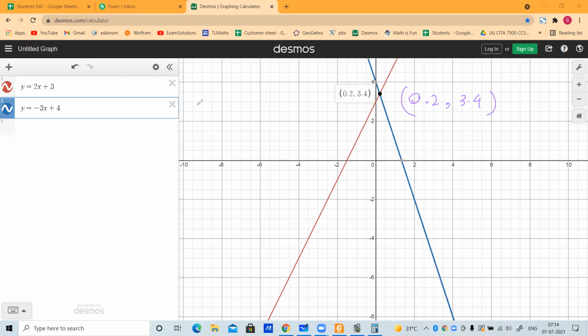Now tell me what were the solutions for your two equations? What was x and y for your two equations? x was 1 over 5. Y was 17 over 5. Can you calculate 1 over 5 on the calculator in decimals?